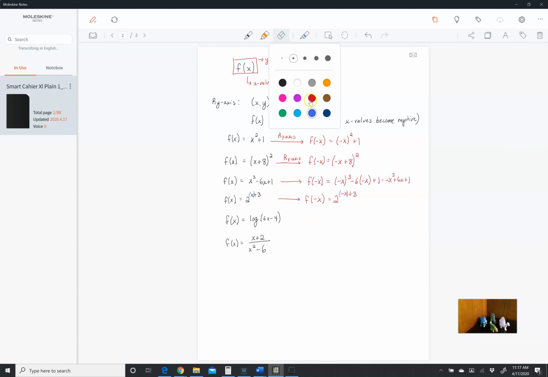Okay, again, we need parentheses in this one because if we don't have them, it's going to look like 6 minus x, and we need it to be 6 times negative x. And if you want, you can just go straight to negative 6x. Right? 6 times negative x is negative 6x minus 4.